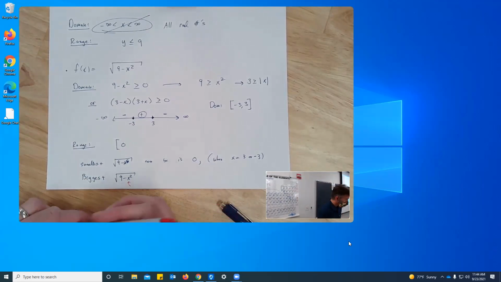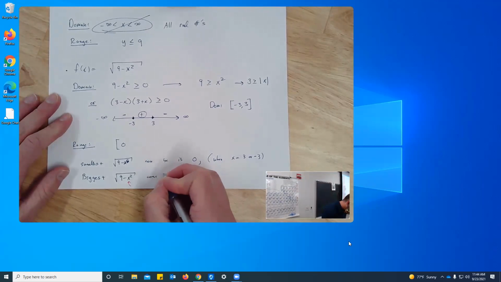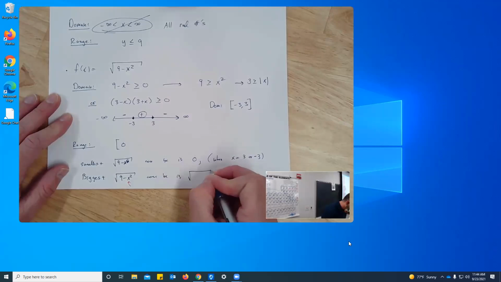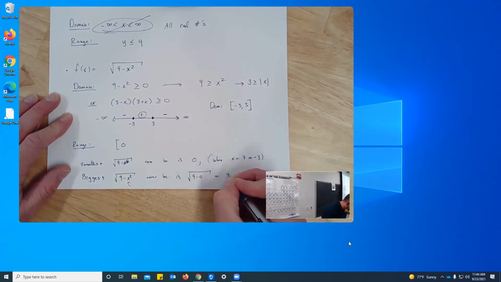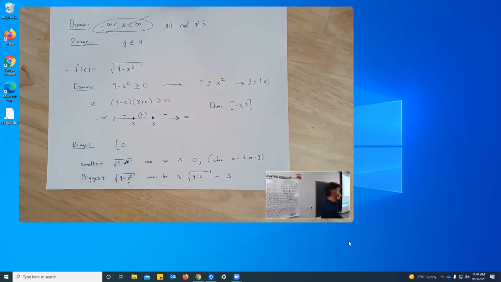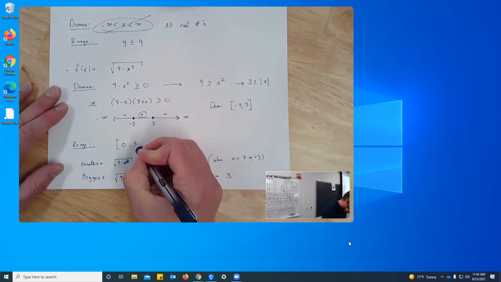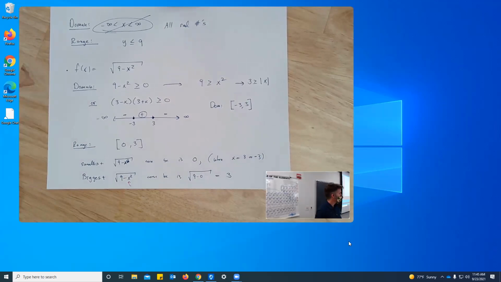So if x squared is 0, that's when x is 0, then I'm going to get the square root of 9 minus 0, which is positive 3. So that's the biggest this function can be, is 3. And I can get every value in between. So my range is 0 to 3, which we also could have seen if we graphed it.